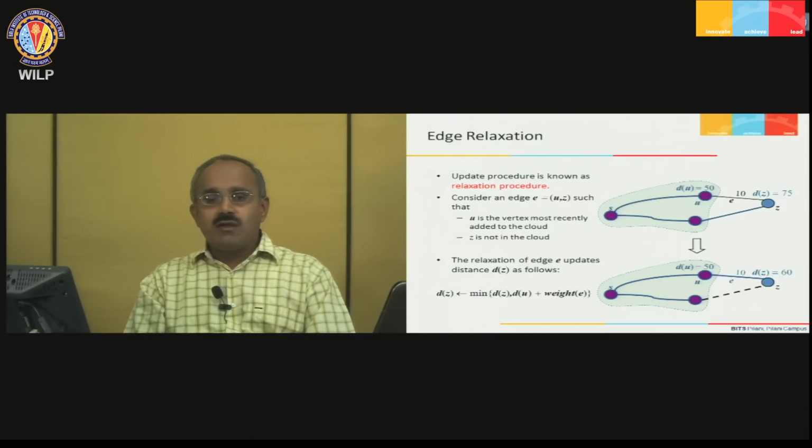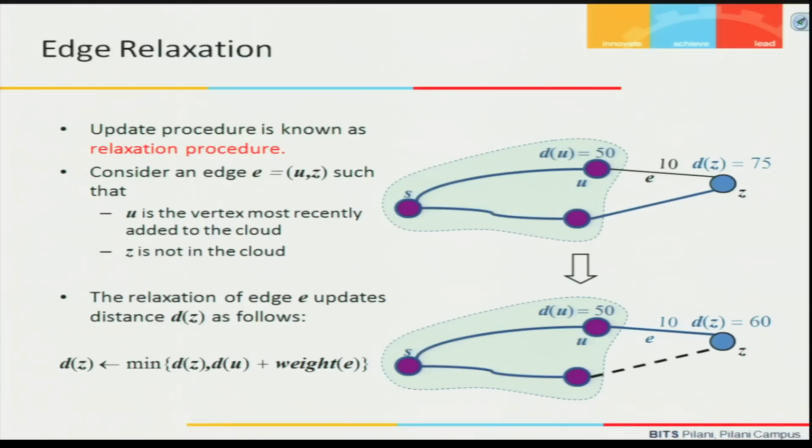In this particular edge relaxation procedure, we look at an edge, say uz, and use the vertex most recently added to the cloud. So, u is the vertex most recently added to the cloud, and as soon as u is added to the cloud, we look at all the vertices adjacent to u. So, z is a vertex which is adjacent to u.